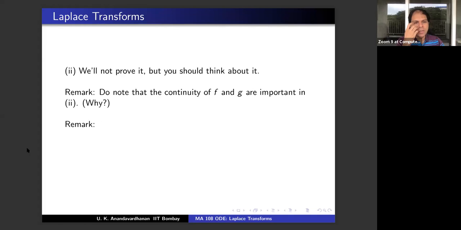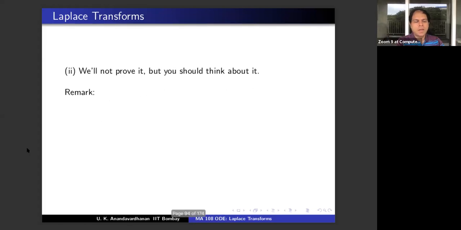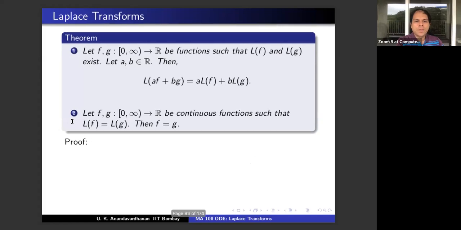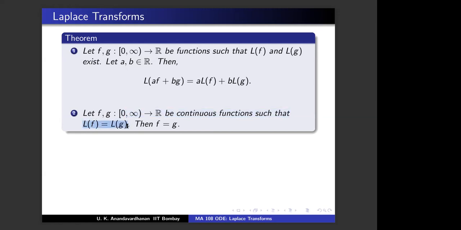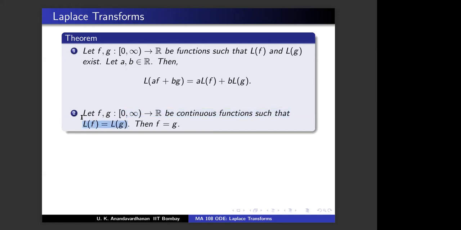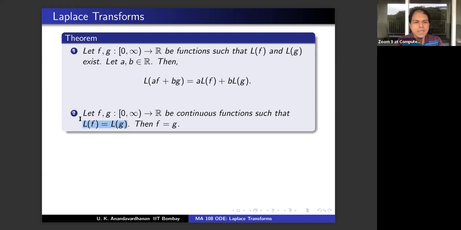And the most important remark is that because of this theorem, you have a well-defined notion of what? If LF is LG, then F is G. So what does that mean? L inverse makes sense, right? If you have a Laplace transform, you can make sense of the inverse Laplace transform and you will get an answer.